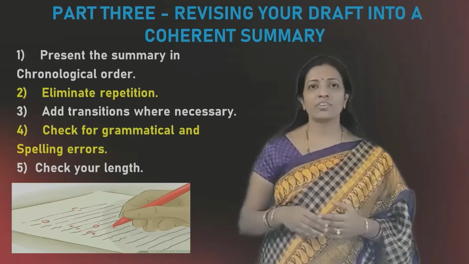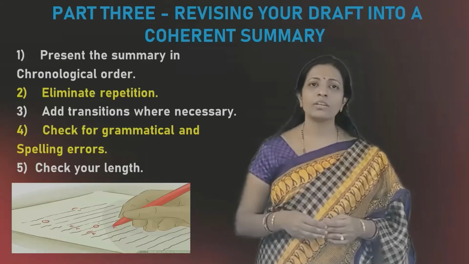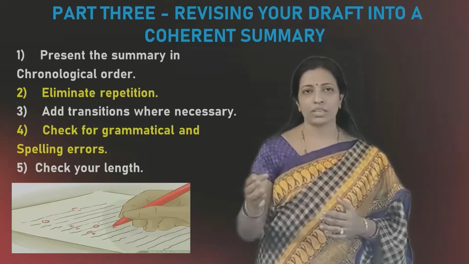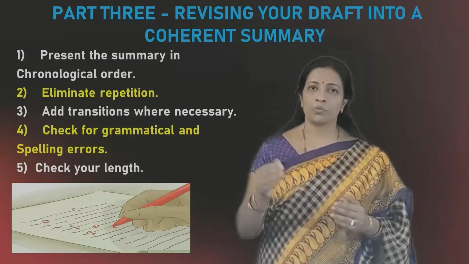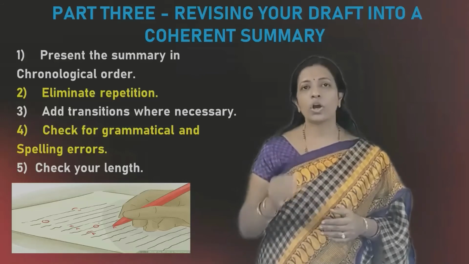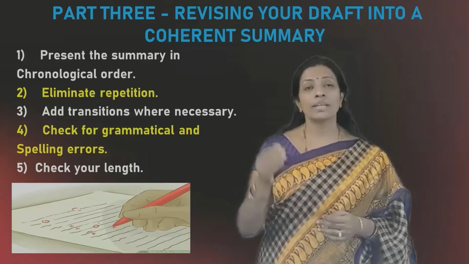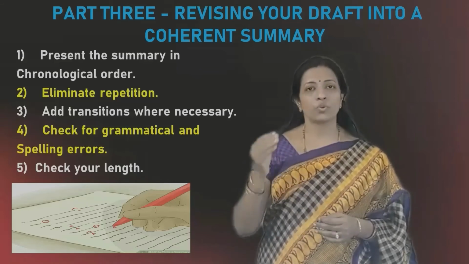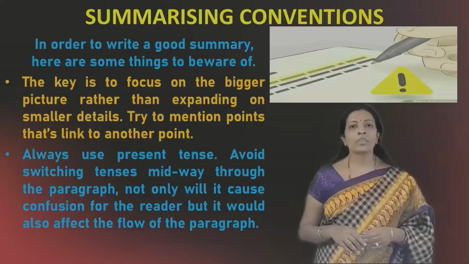Add transitions wherever necessary. So make use of linking words so that there should be some sense of link or connection between the different sentences. Before you complete your summary, please check once for all grammatical and spelling errors. Also, check the length of your summary. Your summary should always be shorter than the original version.